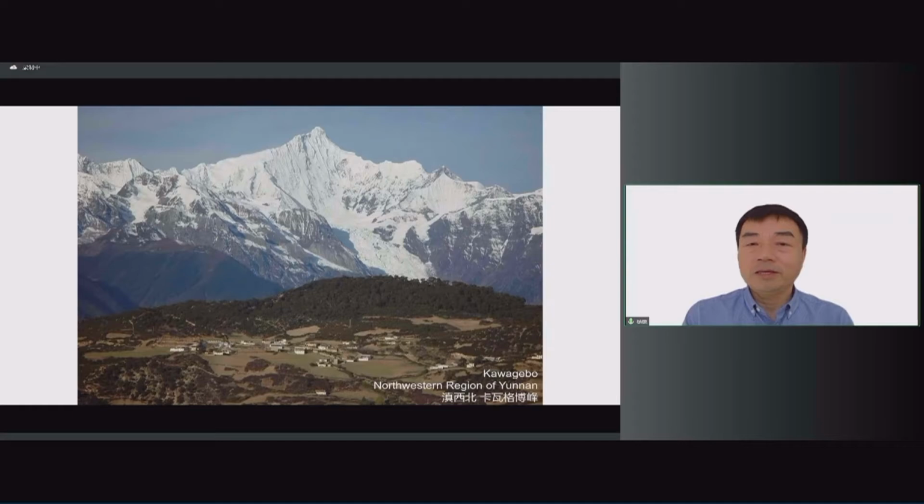In the end of 1990s, we had a chance to have a project in the northwestern region of Yunnan province, because at that time, the TNC from the United States put forward to establish Sanjiang-Bingliu National Park, a single national park in this region.